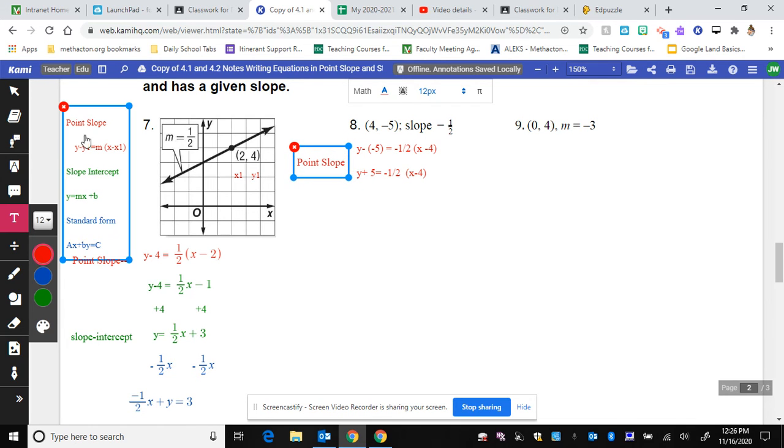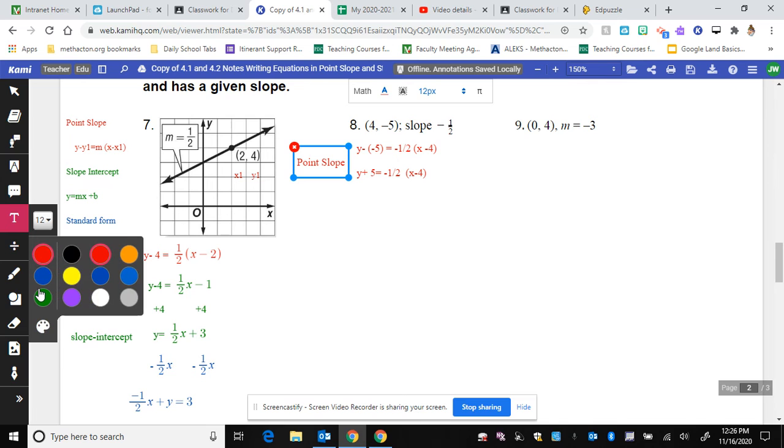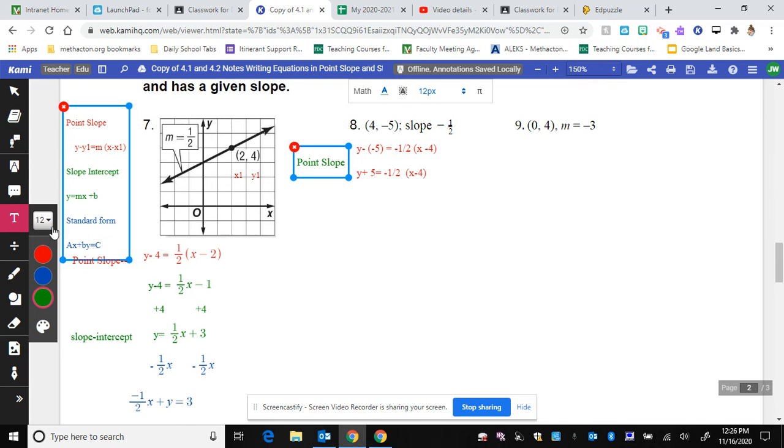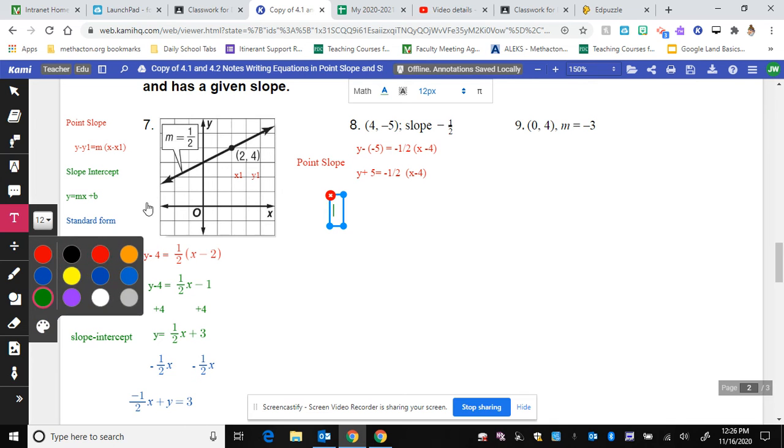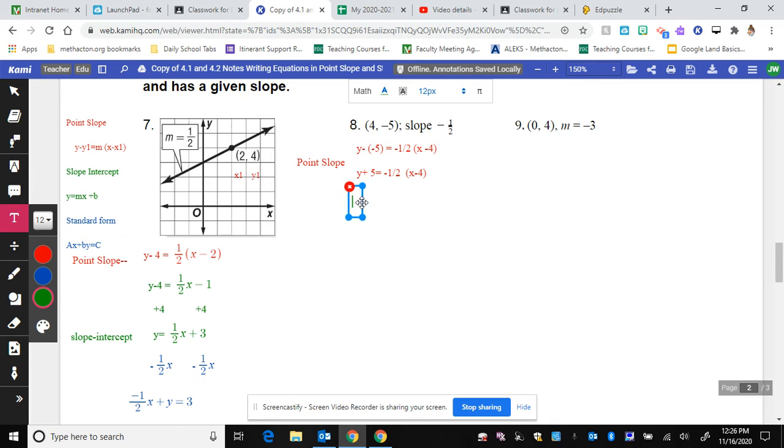And now I need to go to my second step, which is going to be slope-intercept form. So if I go to slope-intercept form, I need to get that y by itself. So in order to get my y by itself, I'm going to subtract 5. Oh, no, Miss Wetzel. First thing you want to do is distribute. See, I'm seeing if you guys are paying attention.